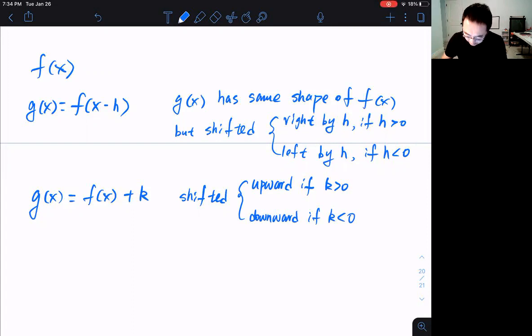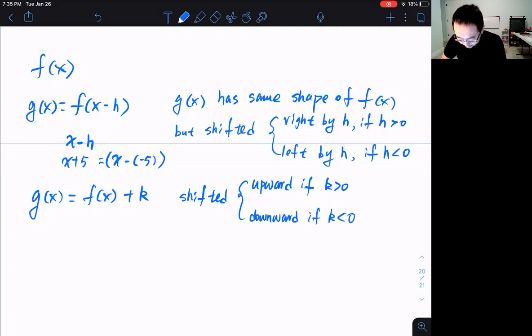Now, in this first case, the form of x minus h is crucial because that's how you figure out which way your graph is shifted. So if you have, okay, x plus 5, for example, it's essential for you to write it as x minus negative 5 in order to remember what h is and which way this is shifted, right?